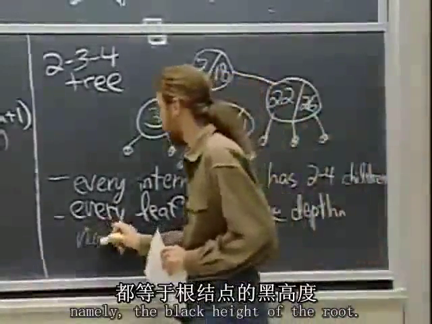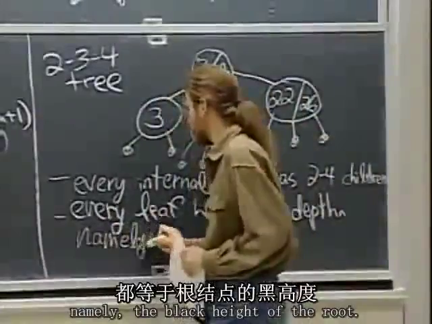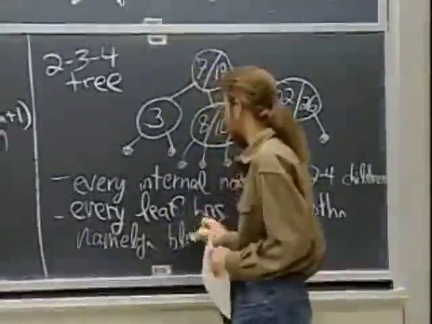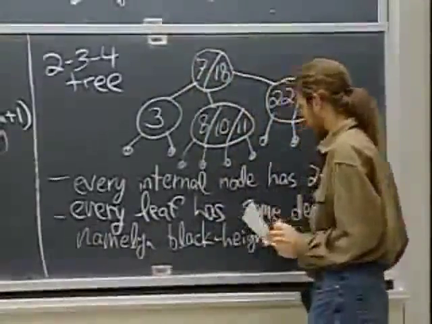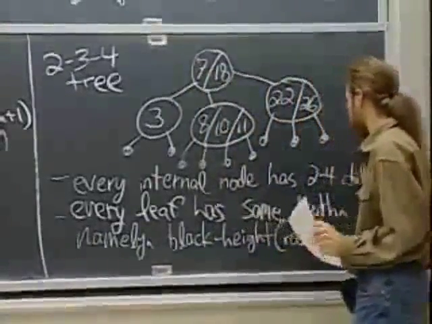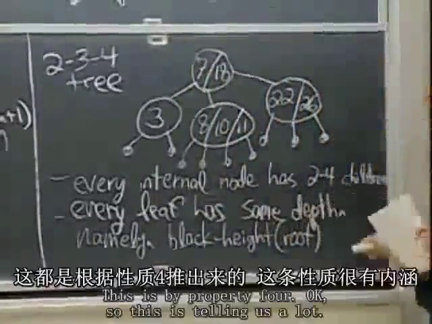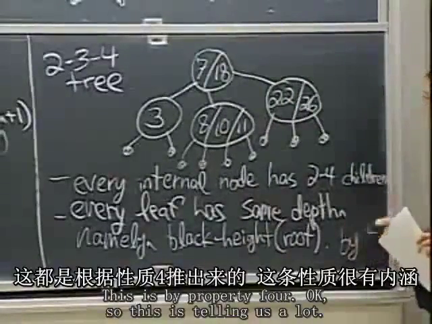Namely, the black height of the root. This is by property 4.